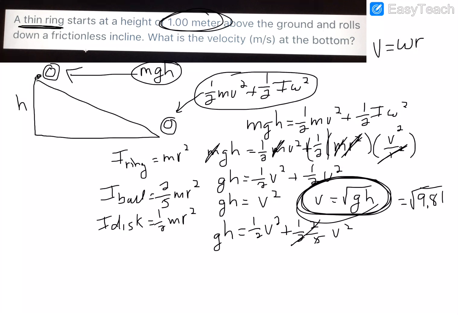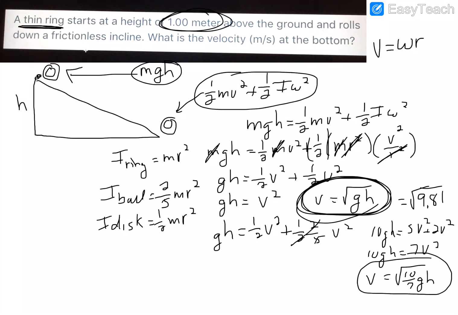So I can multiply this whole thing by 10, and I would get 10 gh equals 5v squared plus 2v squared. So I'd have 10 gh equals 7v squared. And the v would be the square root of 10/7 gh. So this is the equation for the velocity of a ball at the bottom of the ramp.